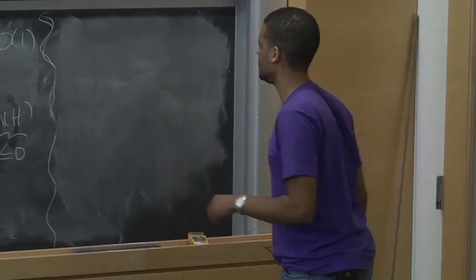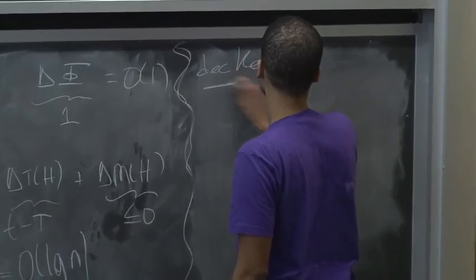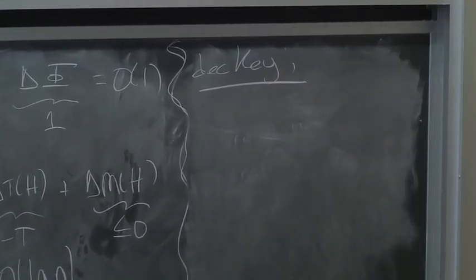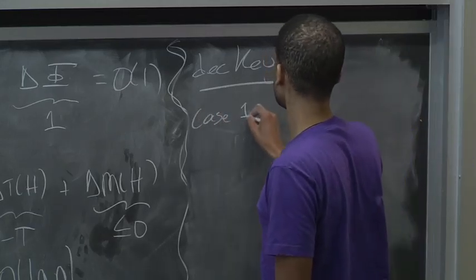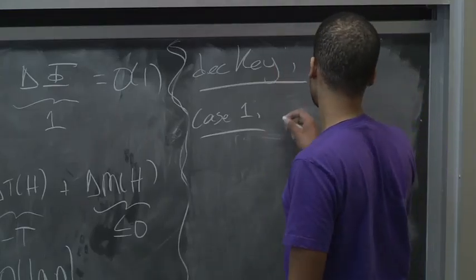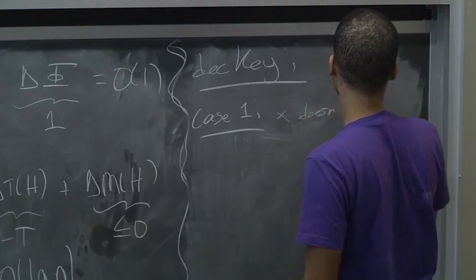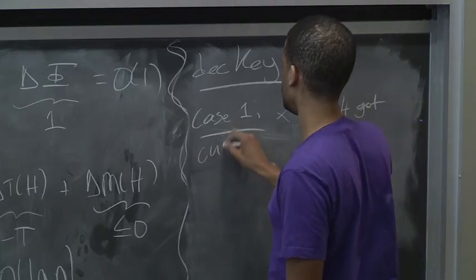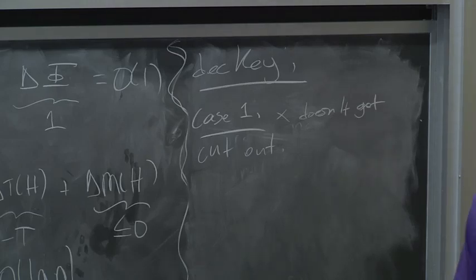And now decrease key is the last thing. So case 1: x doesn't get cut out because maybe the new key we gave it doesn't actually violate the heap order property.